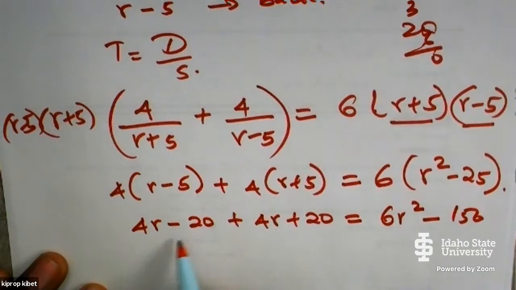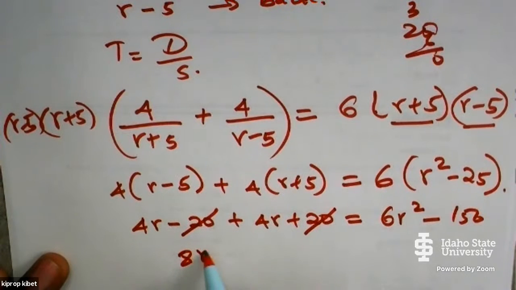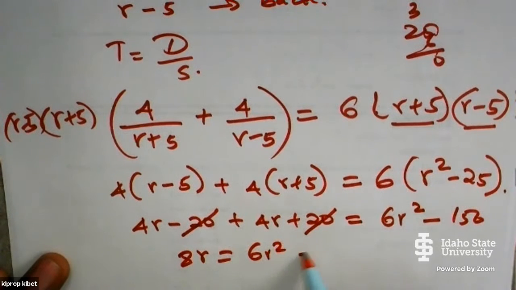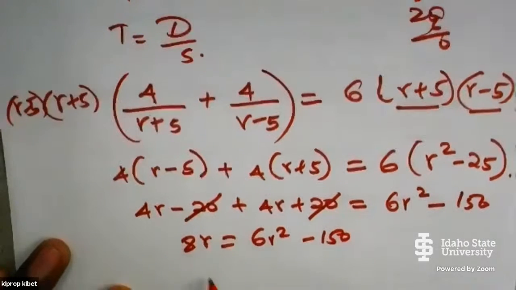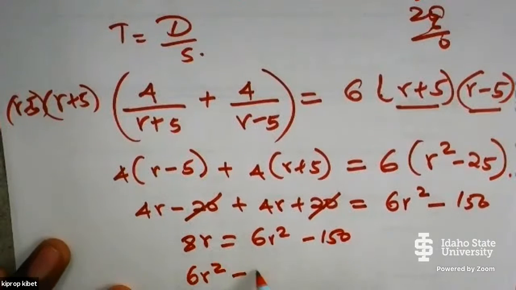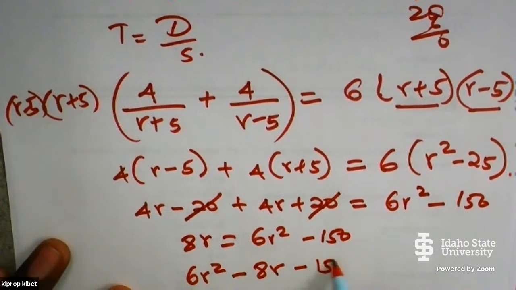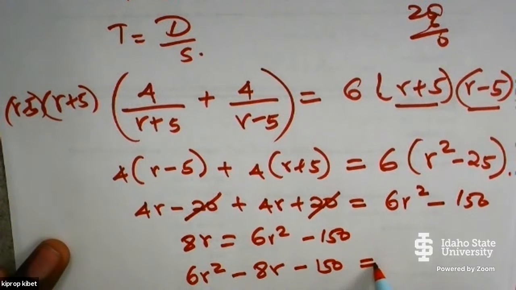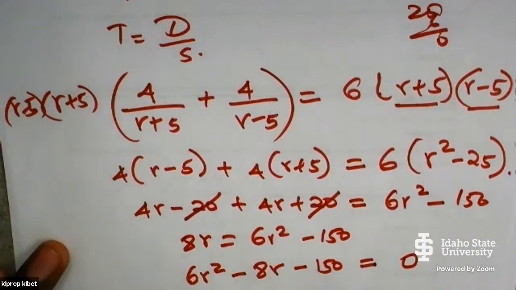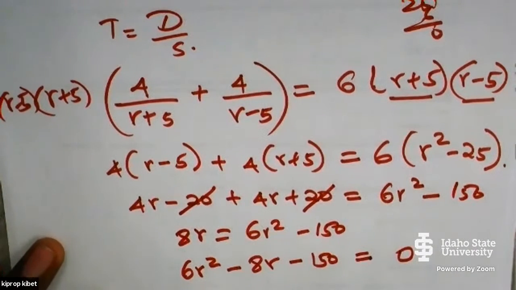Now the 20 and the other 20 will go. So we get 8r equals 6r squared minus 150. So 6r squared minus 8r minus 150 equals 0.